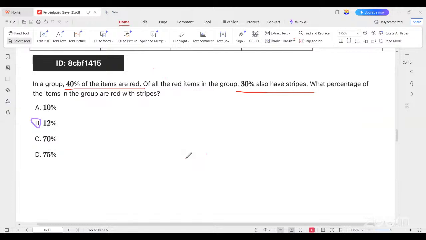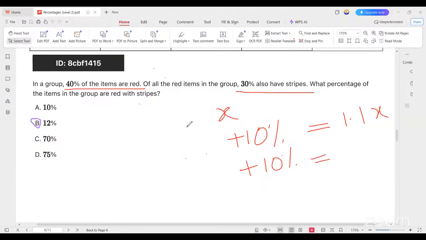Correct. And I will give you one technique. Suppose this is the base price. If I add 10%, this will become 1.1x. Again, if I add 10%, here what we will do?